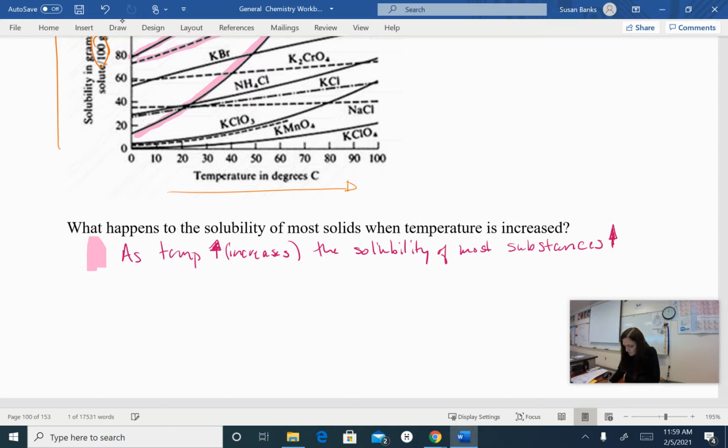Warmer water or warmer solvent allows you to dissolve more things.